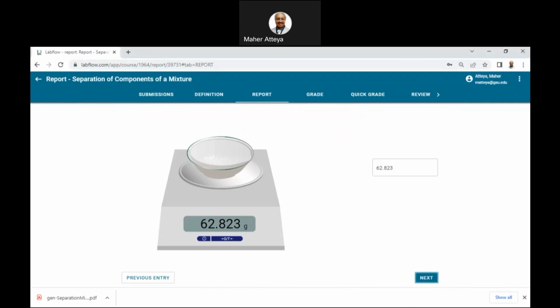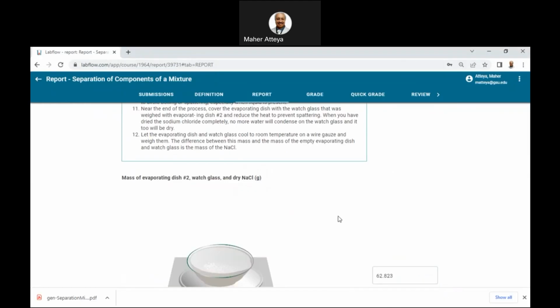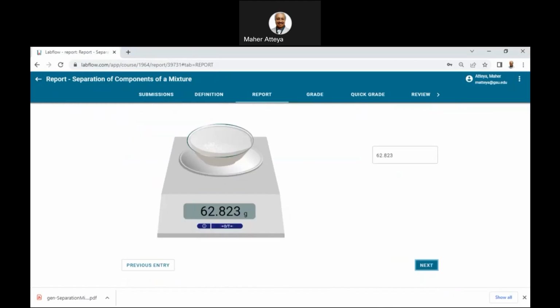Okay, this is after that, 62.82. This is the mass of evaporating dish, watch glass, and sodium chloride.